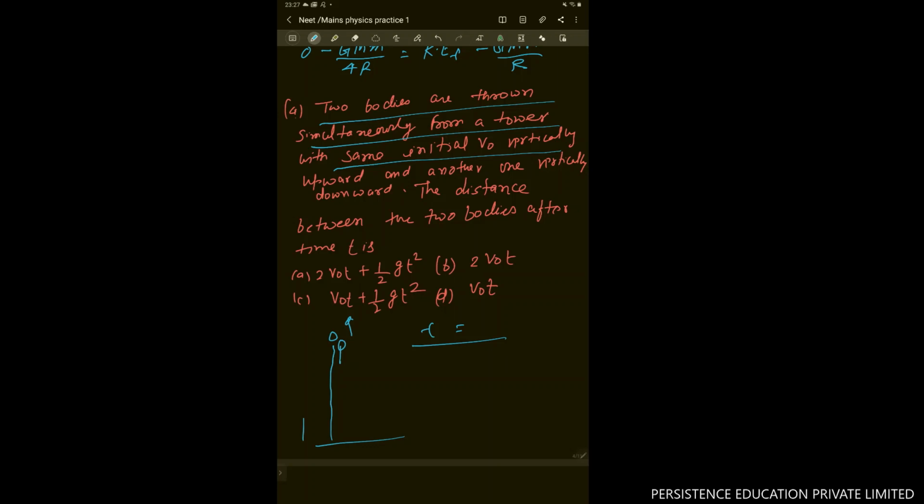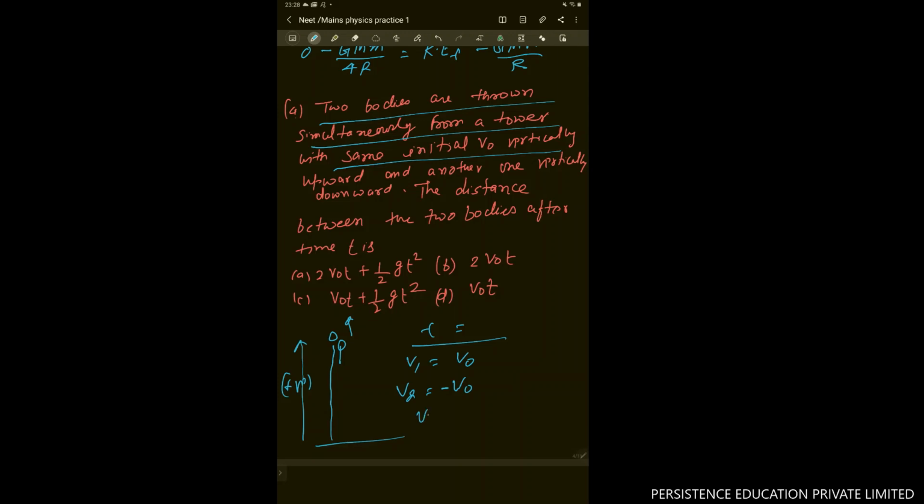The first step is to choose the direction. You can choose any direction as positive. It is just a choice, but once you have made the choice, stick to it. If the first particle has initial velocity v naught, then the second particle has initial velocity minus v naught.